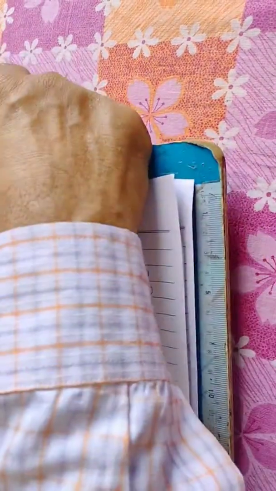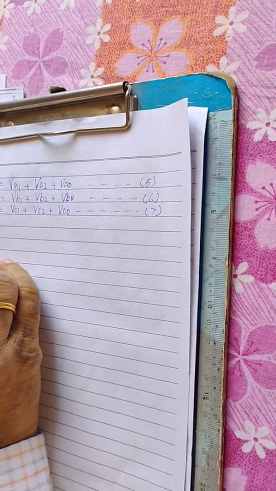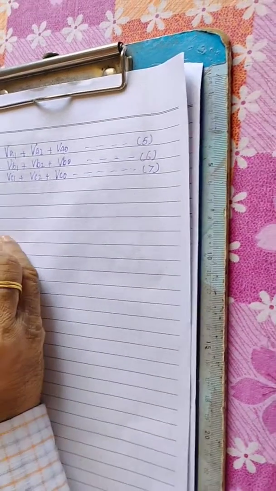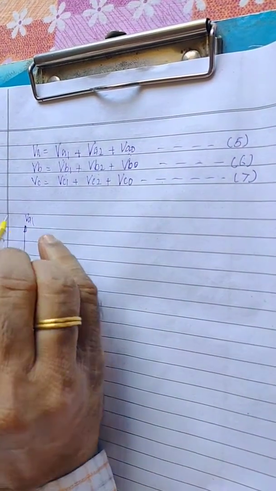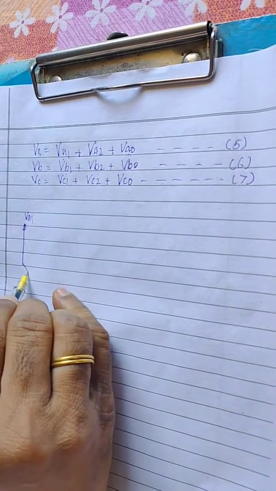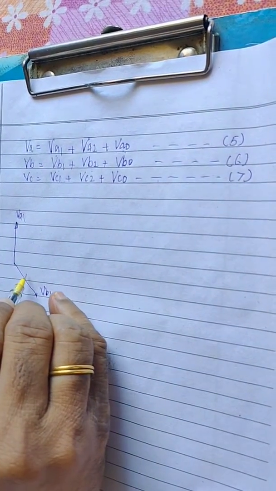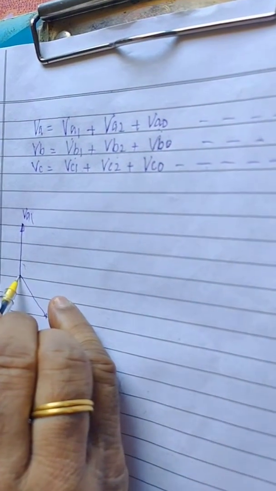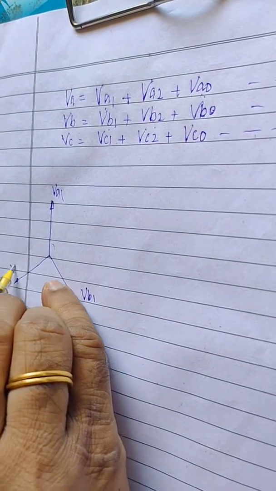So we have already seen positive sequence phases as VA1, and VB1 lagging VA1 by 120 degrees, and this is VC1.